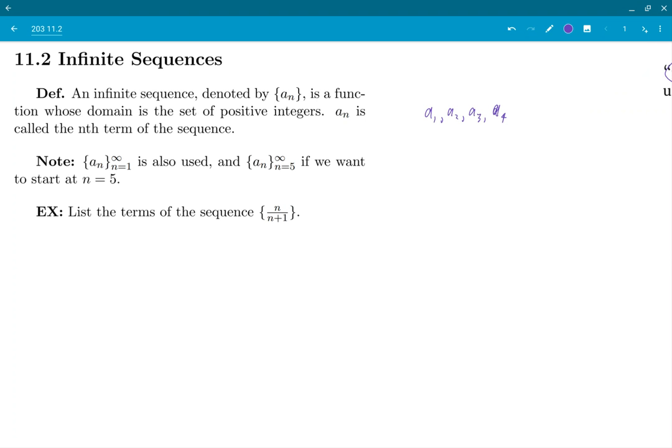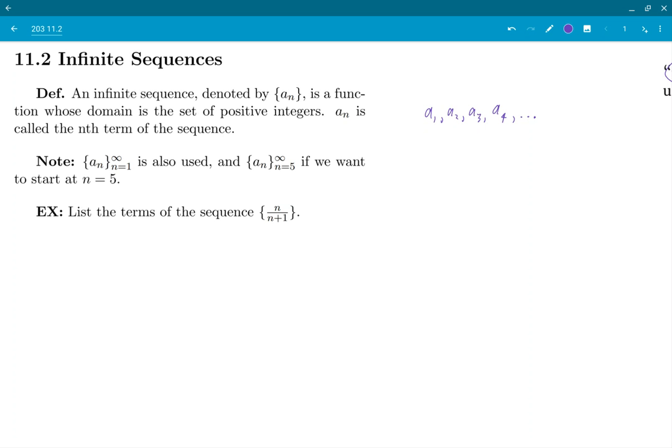Okay, so positive integers, that's just saying we have first term, second term, third term, fourth term, and so on. We can use a variety of notations. You can write this, or you can just drop the brackets, or even add more to the brackets. Be more specific if you need to be. A variety of things are acceptable.